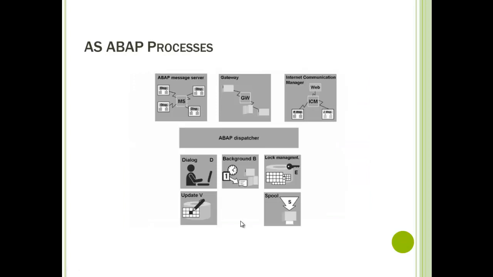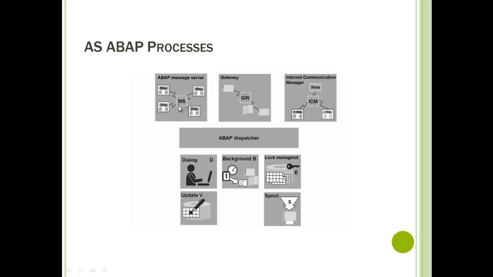Okay, here is an application server ABAP work process. You can see here the ABAP message server. The message server interacts with each dispatcher. Yeah, that's what we have seen. So you have one message server which is sitting in the central instance, and each application instance will have a dispatcher.